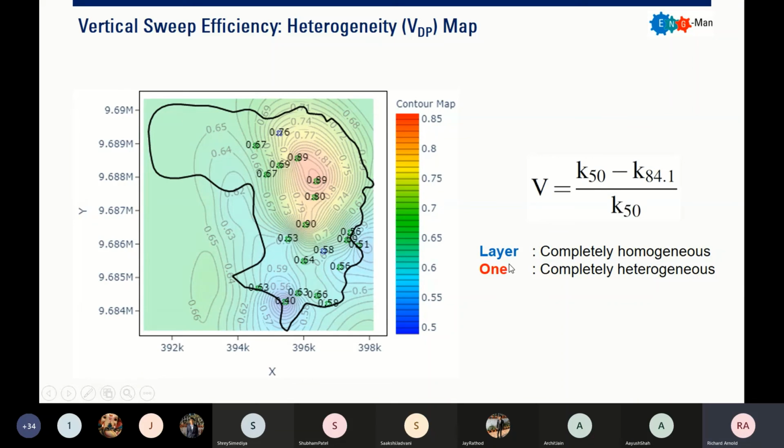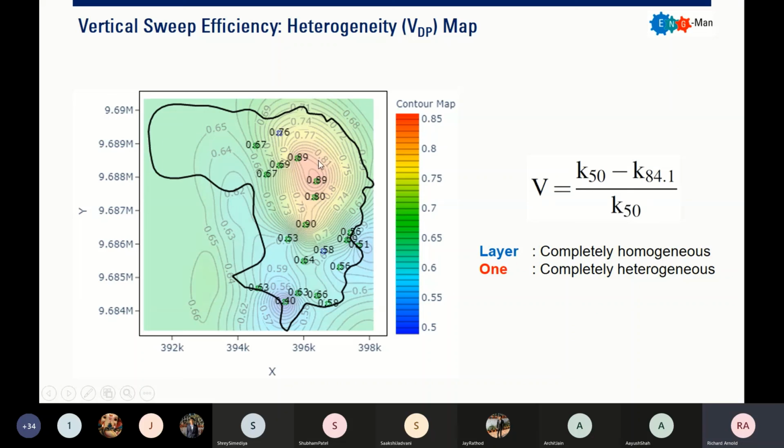So if you have V equal to 0, it means that you are completely homogeneous. But if you have V equal to 1 or approaching 1, it means that you have a heterogeneous reservoir. And that's very important to give you insight into how challenging your water flood will be.